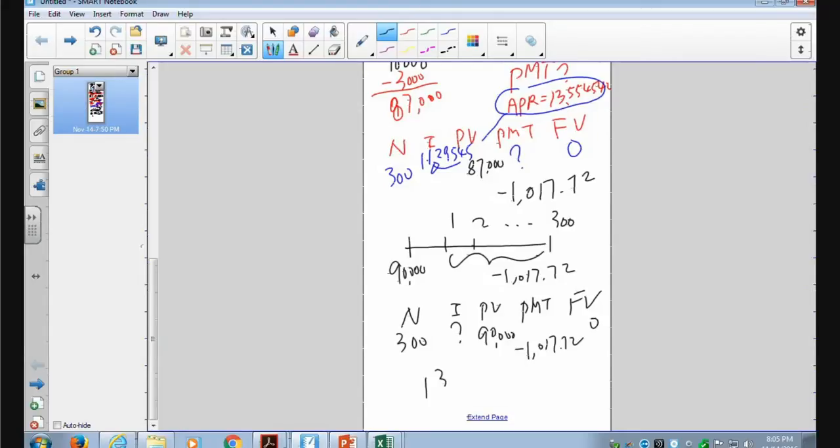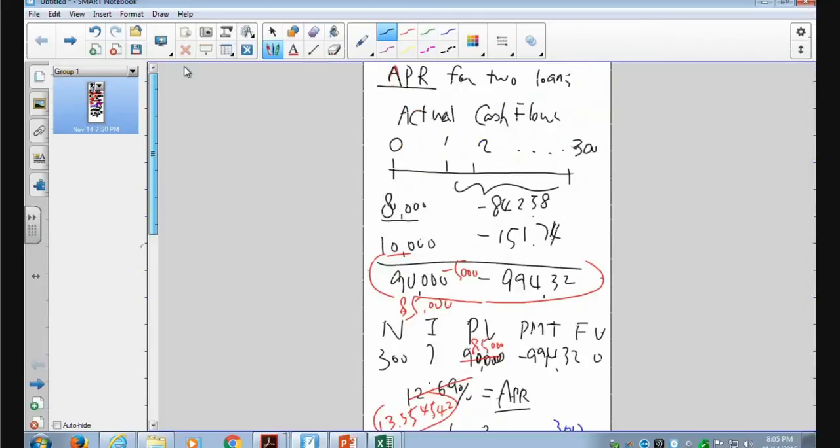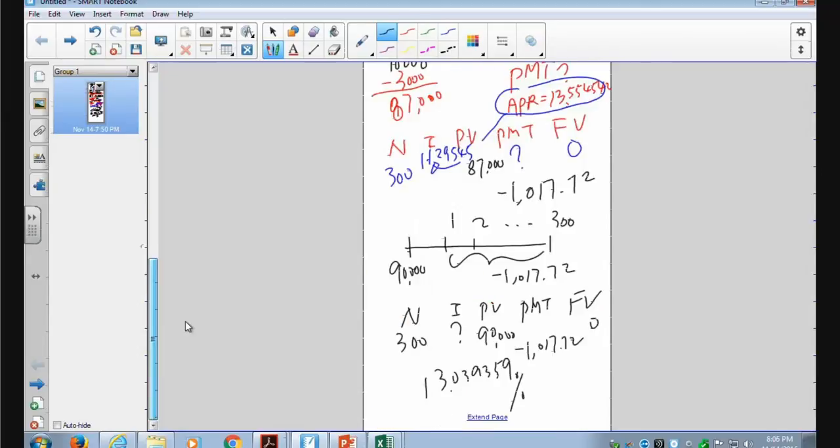You got the APR combined, divided by 12, then multiplied by 12, you got 13.039359. So in the lecture notes, it's called 13.04, right?